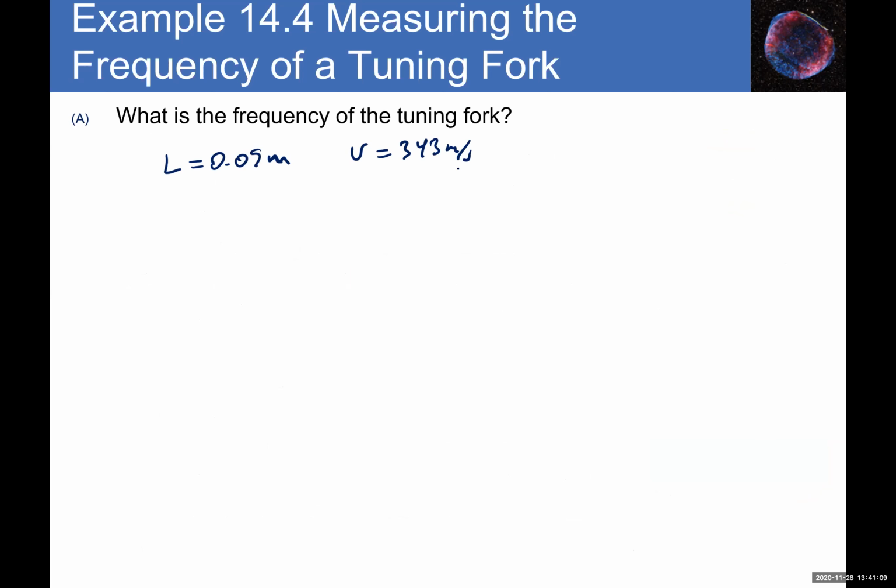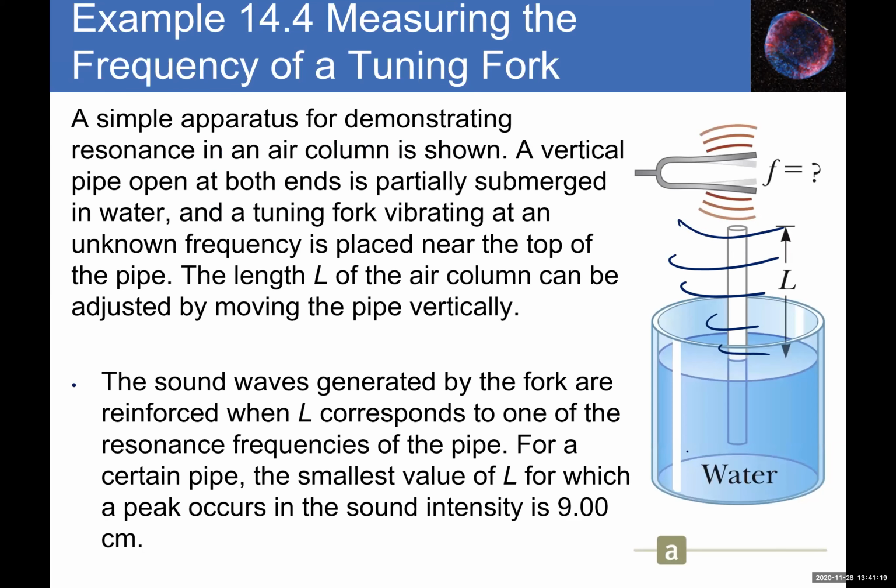So then I can calculate the frequency of the tuning fork as F1 equals V over 4L. All right, so why is it 4L? Well, because this is closed at one end and open at the top, right? So this is an open-closed air column, because the water acts like a wall.